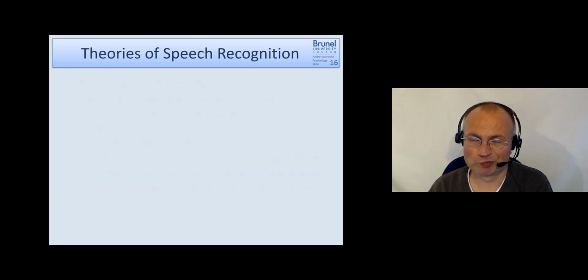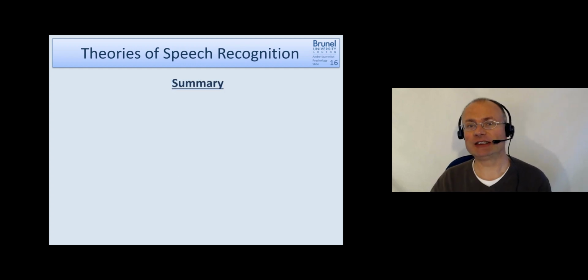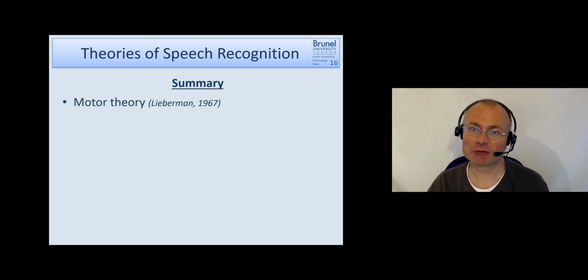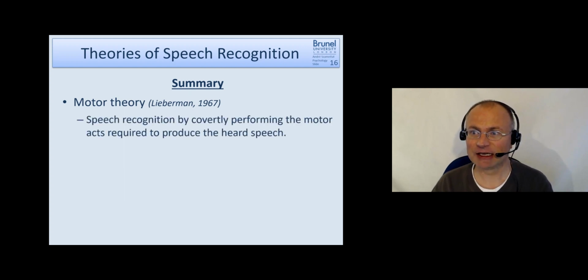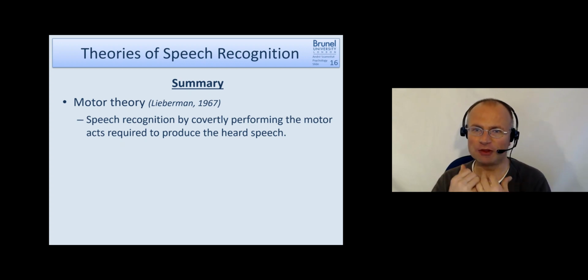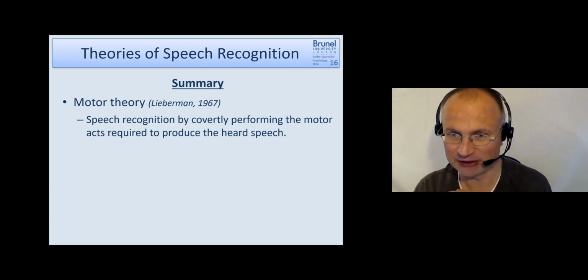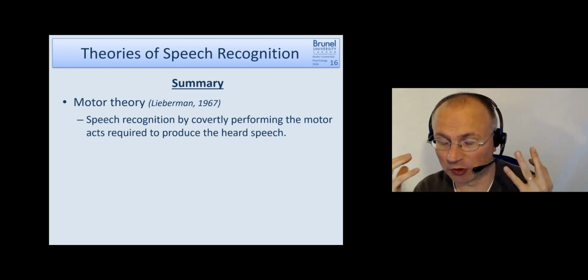Okay, so just a quick summary. The theories of speech recognition we talked about. We had the motor theory of speech recognition by Liberman, where the idea is that to recognize speech, we covertly perform the motor act ourselves, which we would need to do to produce what we have heard.